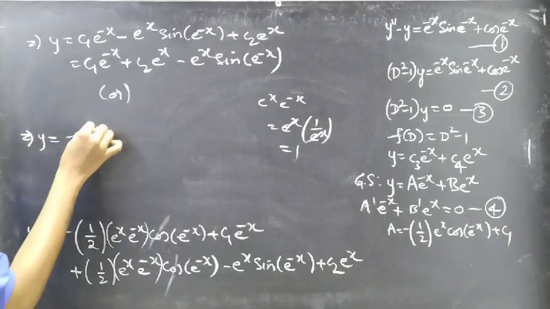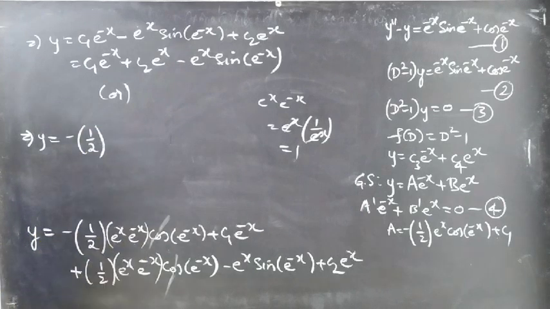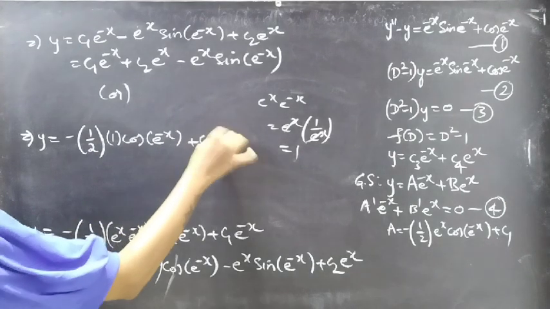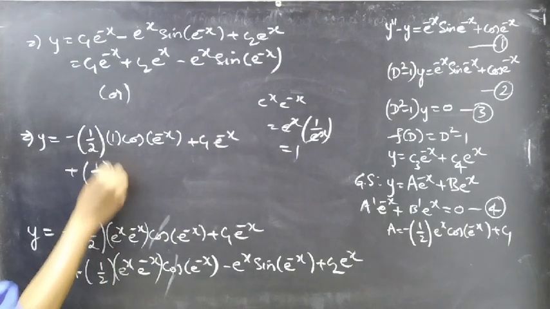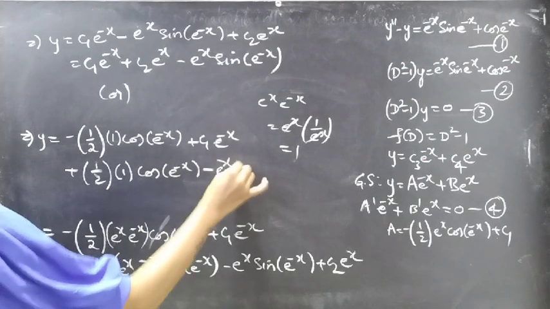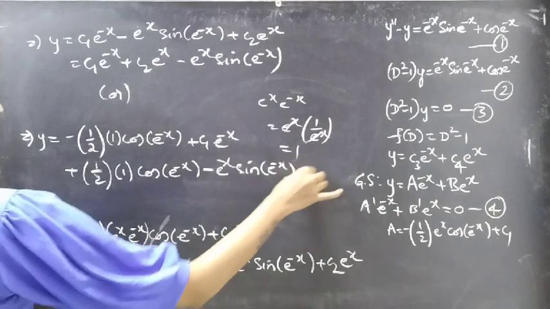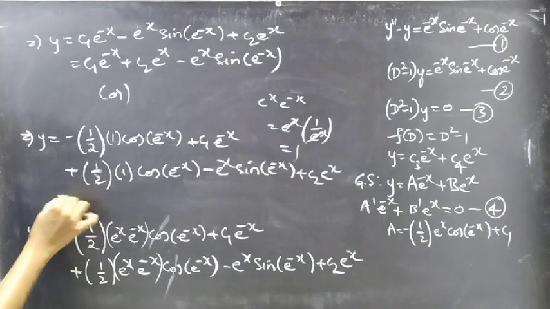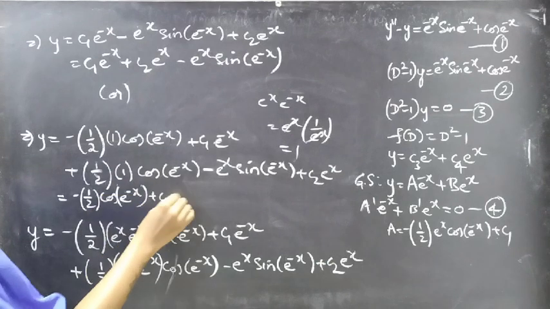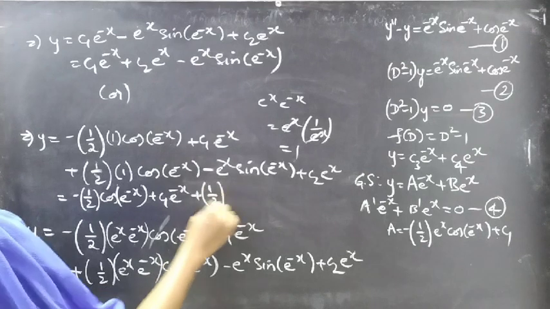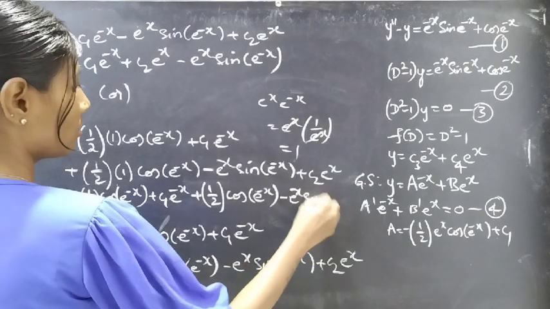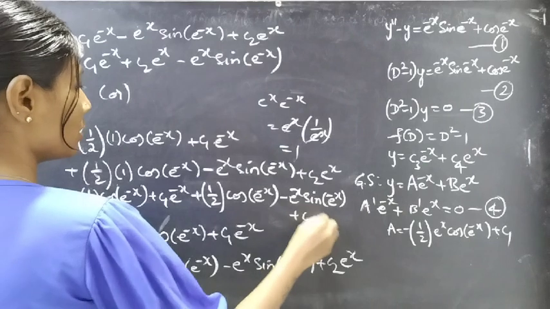y equal to minus 1 by 2 into 1 into cos e power minus x plus c1 e power minus x plus 1 by 2 into 1 into cos e power minus x minus e power x sin e power minus x plus c2 e power x, which gives us minus 1 by 2 cos e power minus x plus c1 e power minus x plus 1 by 2 cos e power minus x minus e power x sin e power minus x plus c2 e power x.